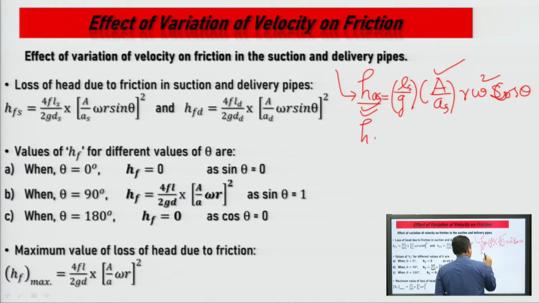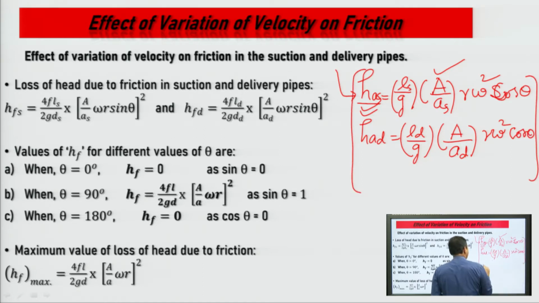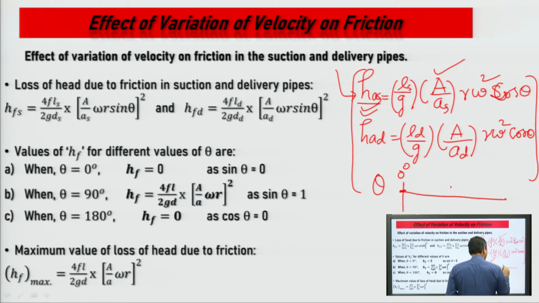If this is H_AD, it becomes Ld upon g, into a upon area of the delivery pipe, into r omega square cos theta. There is a variation of theta: at the start of suction theta is 0, in the middle 90, and at the end of the stroke 180.